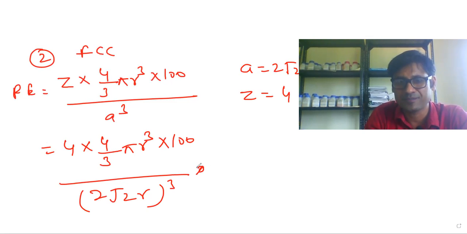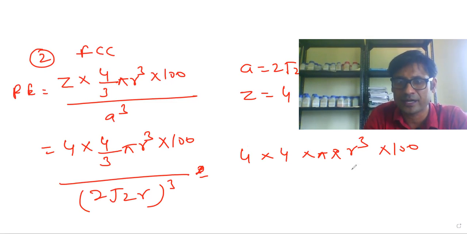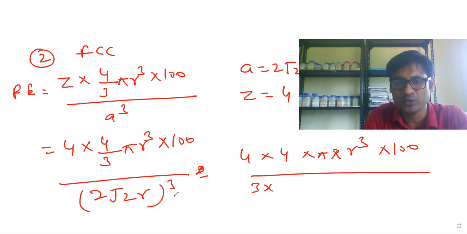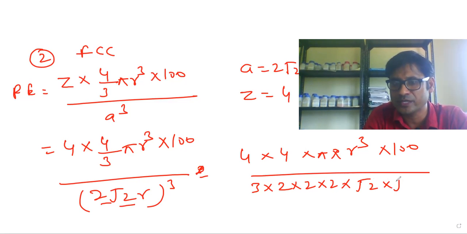Then we get 4 into 4 into pi into r cube into 100 upon 3 into, देखो 2 का क्यूब है, 2 into 2 into 2 into under root 2, the cube of under root 2 being this one.